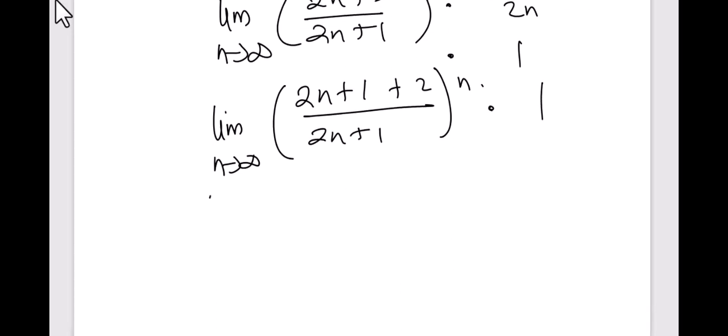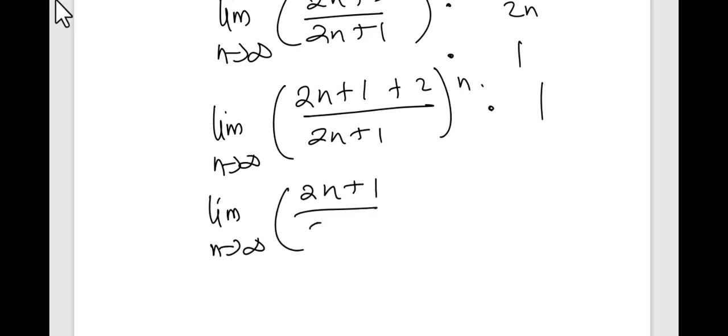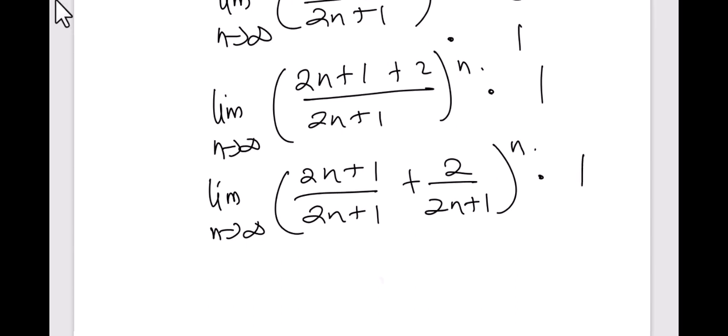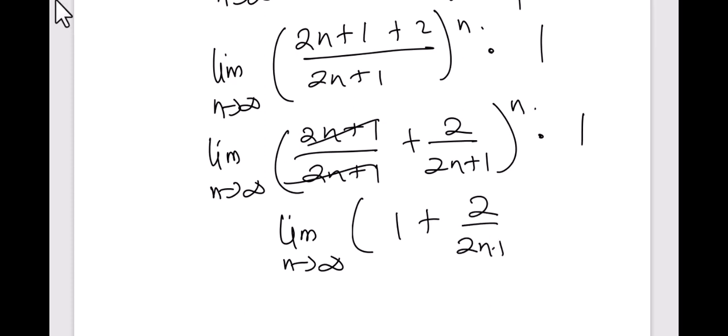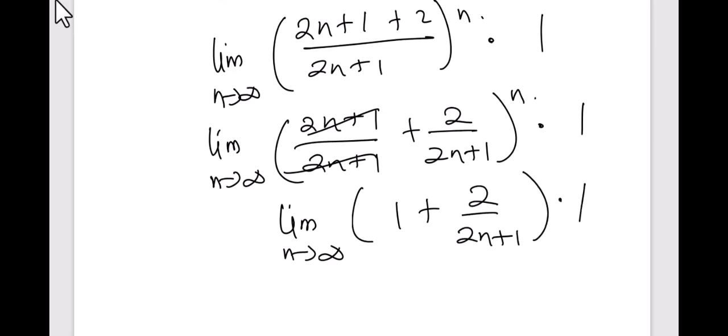So here we will have the limit as n goes to infinity of (1 + 2/(2n + 1))^n times 1, since (2n + 1)/(2n + 1) is 1.